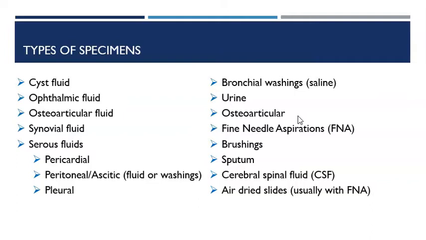Urine sediments, quite self-explanatory. Usually a first void urine in the morning is centrifuged down to find out what cells might have been present, particularly if we're looking for detached cells from bladder cancer, for example. So I've mentioned fine needle aspirations, biopsying a cyst.